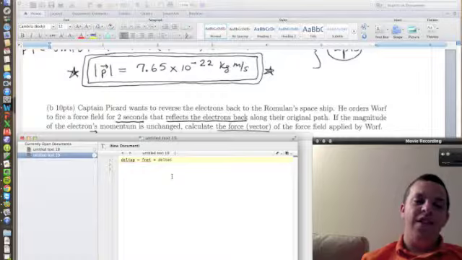We have to remember that we're reflecting the electrons back along the original path, so it's going to be going back the opposite way as it was originally. This is going to be important when it becomes related to your delta P and your delta T quantities.